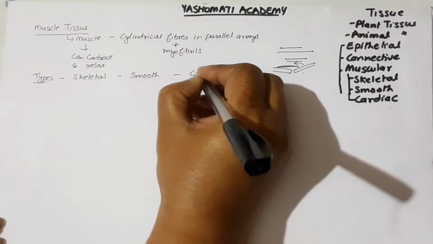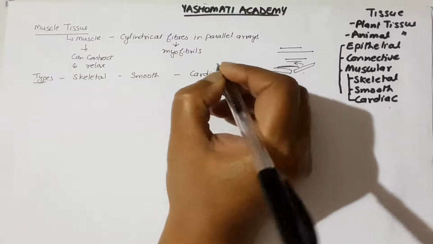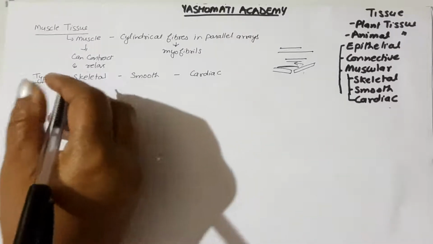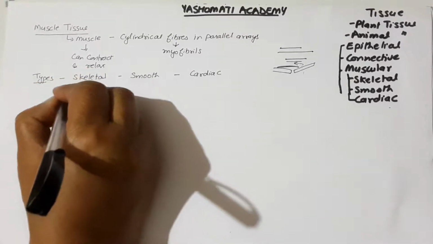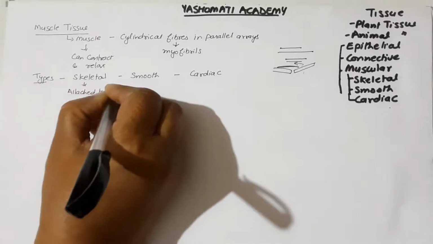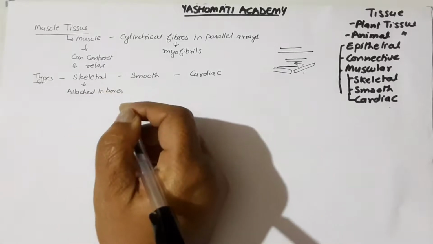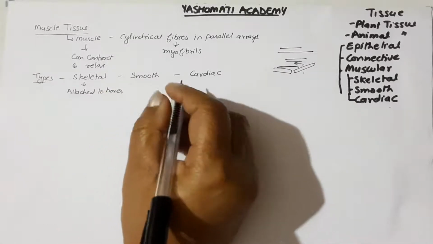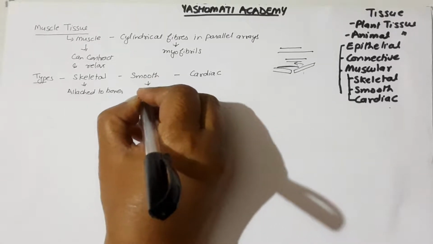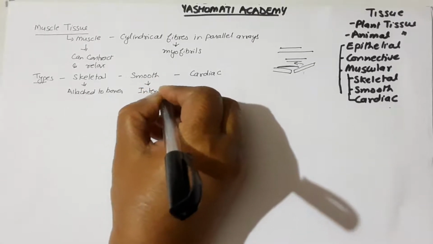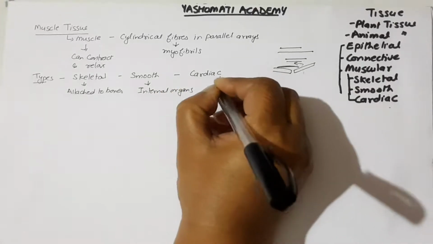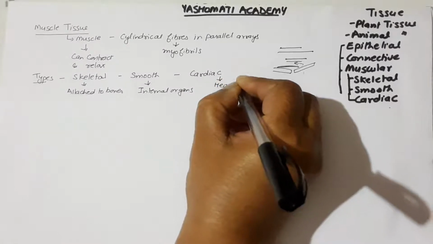And the third type is cardiac muscle, which is present in the heart. So skeletal muscle is attached to bones, whereas smooth muscle is present in internal organs, and cardiac muscle is present in the heart.